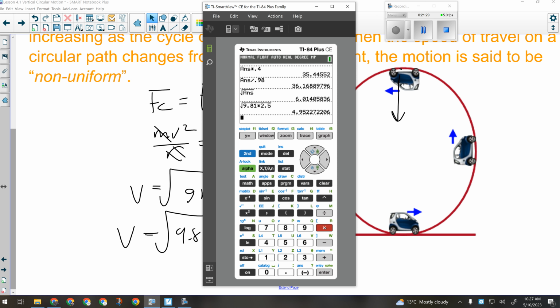Times 3.6, that would be kilometers per hour. Divide that by 1.6. I got 11 miles an hour. But the circle he was running must have been a little bit smaller than that. So that's all she did.